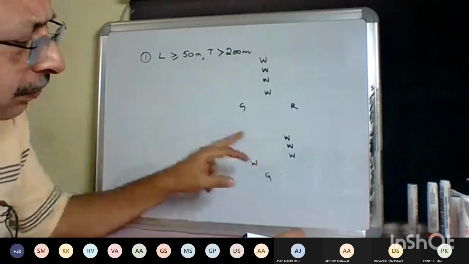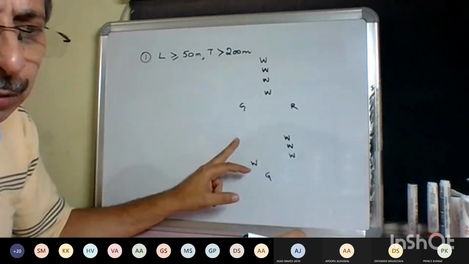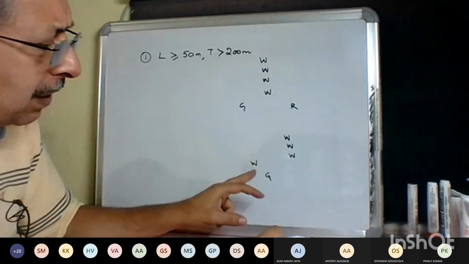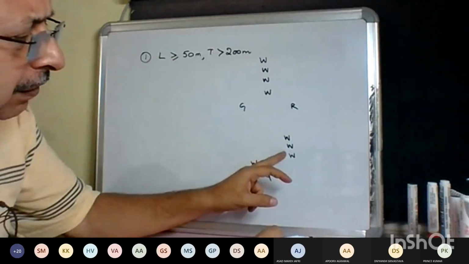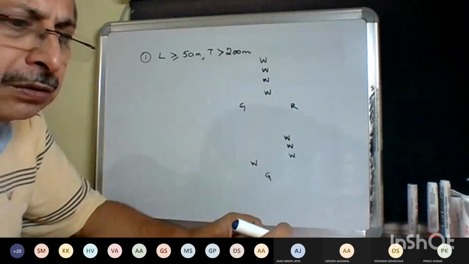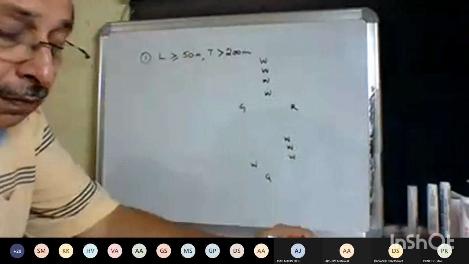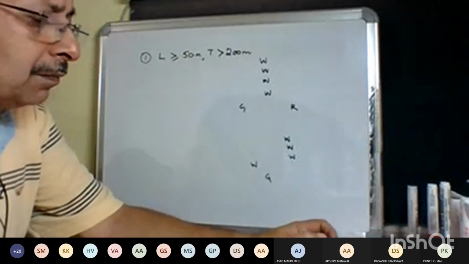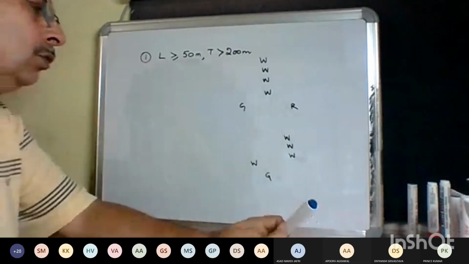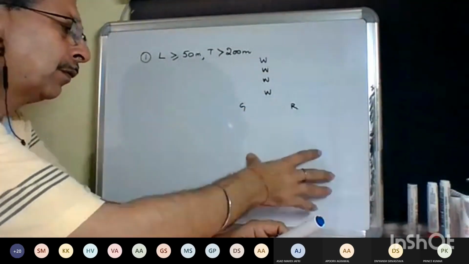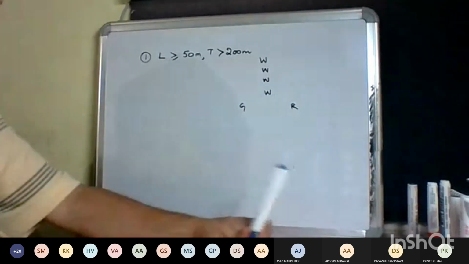You can have 1 here, 3 here. Both are possible. 3 on the foremast, 1 on the aftmast, or 1 on the foremast, 3 on the aftmast. Cannot have 2 and 2. So this will be the side view. This is the right head view. Okay.